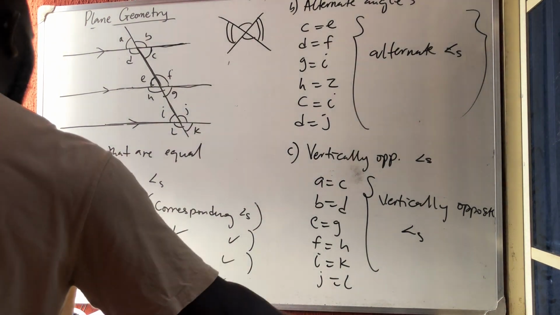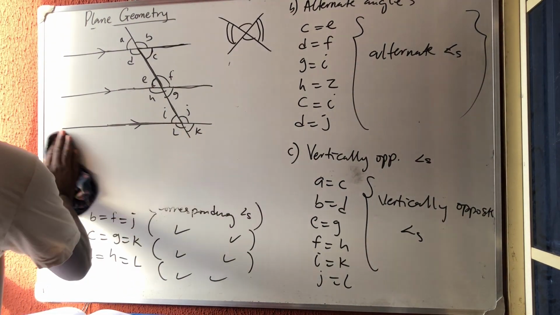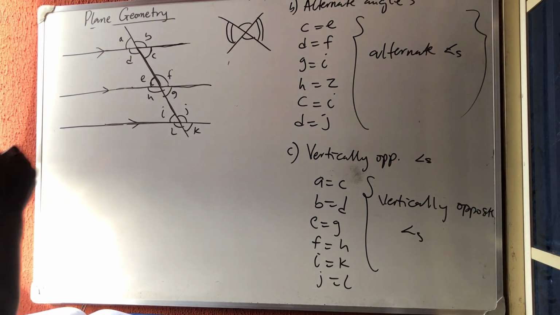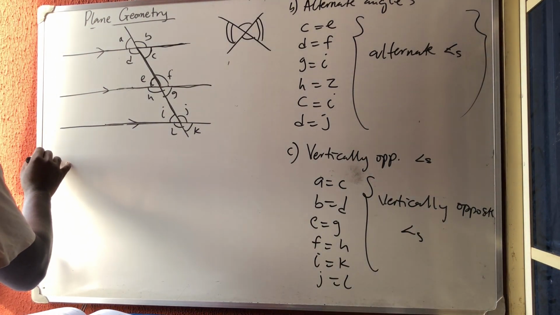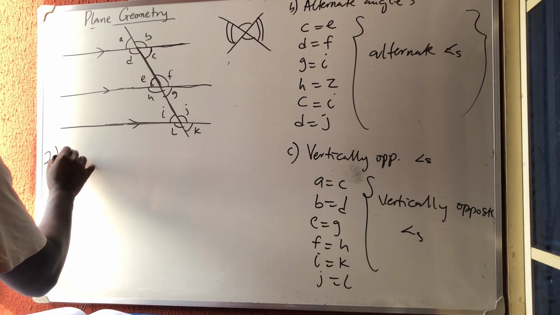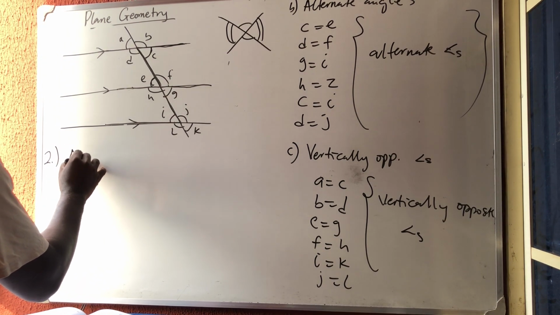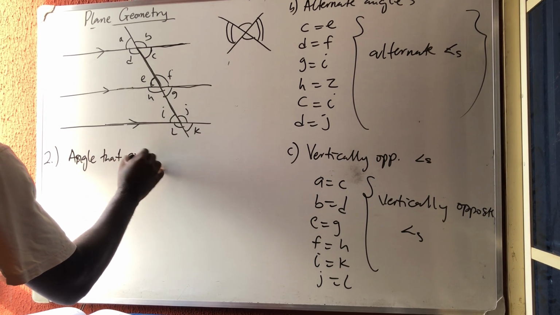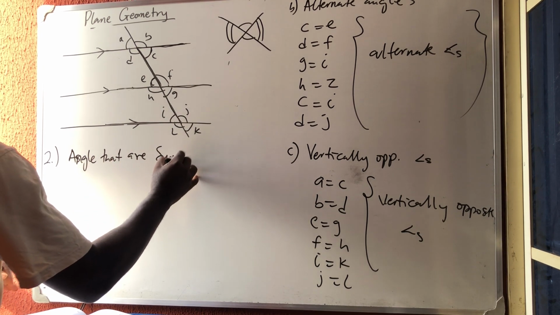So since we are done with angles that are equal, now let's go to the next angles: angles that sum to 180, or that are supplementary. Okay, number 2 is angles that are supplementary.